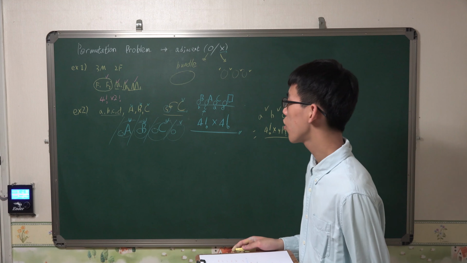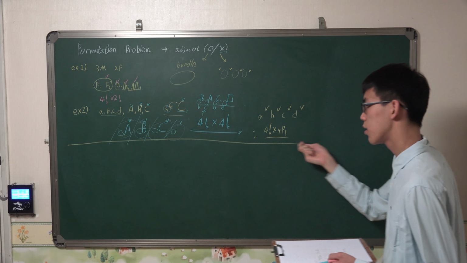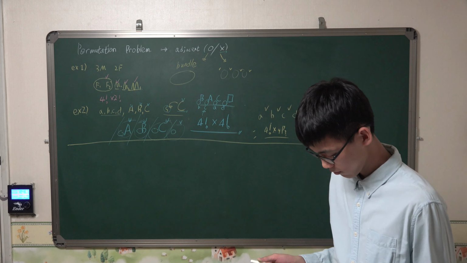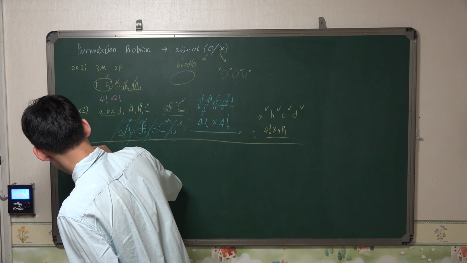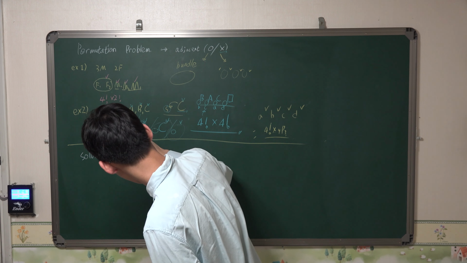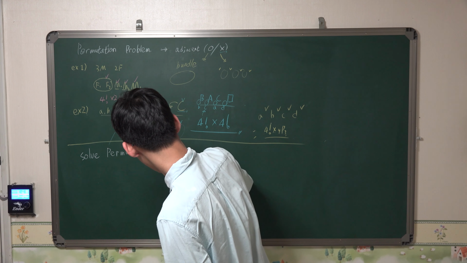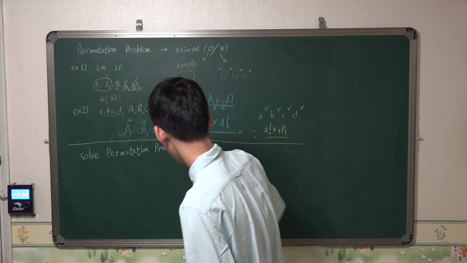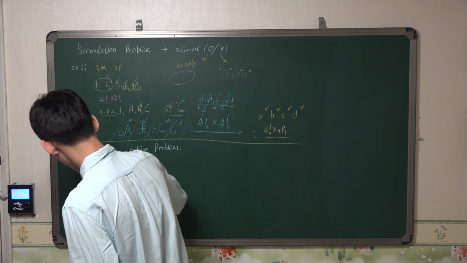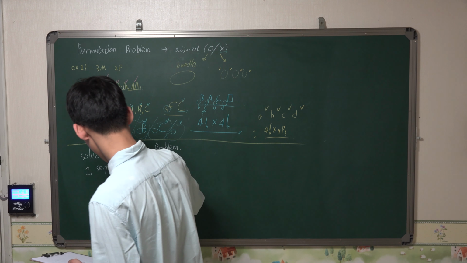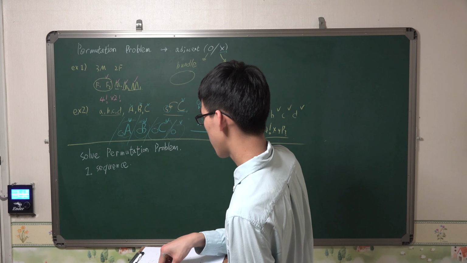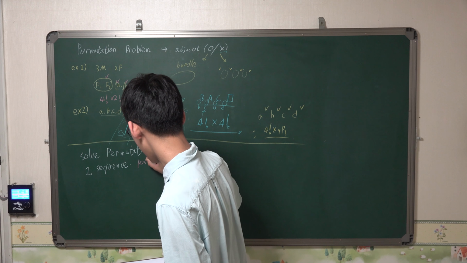So as you can see, when you solve a permutation problem, first you have to think about the sequence, like how you list it, and you have to think about the position.